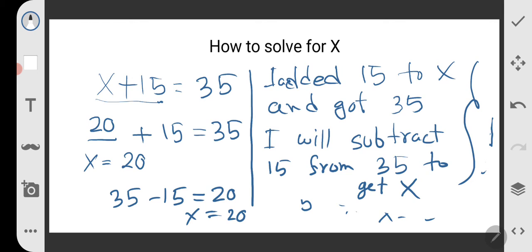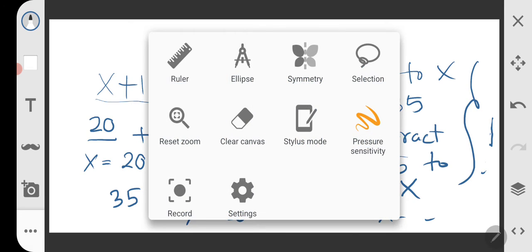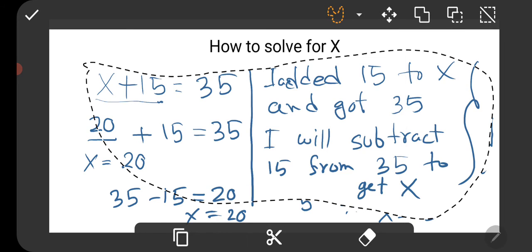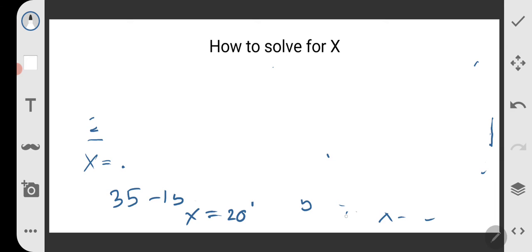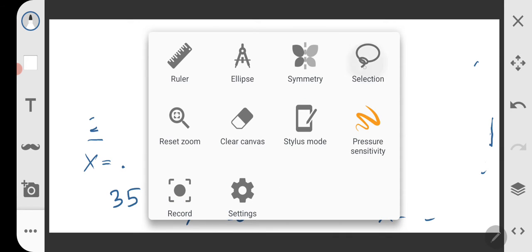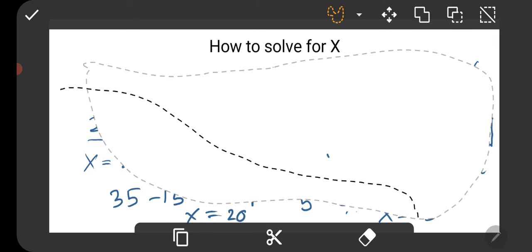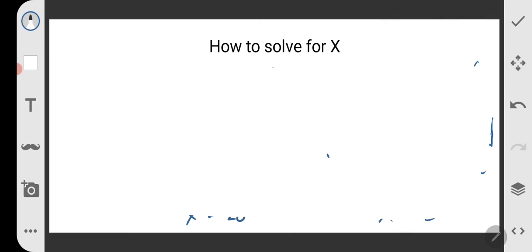Okay, so let's try one more example. So let me erase this. Okay, so let's say this time I have x minus 15 equal to, let's say, 25. And I want to work backwards to figure out, okay, what is my x?